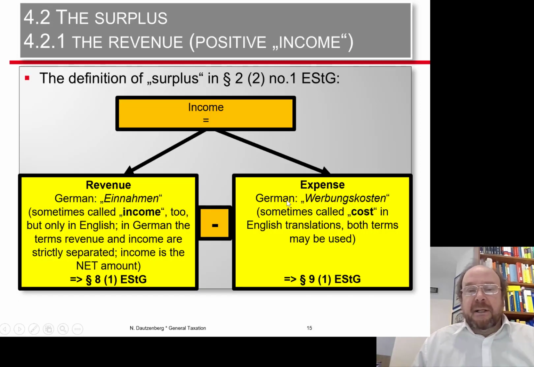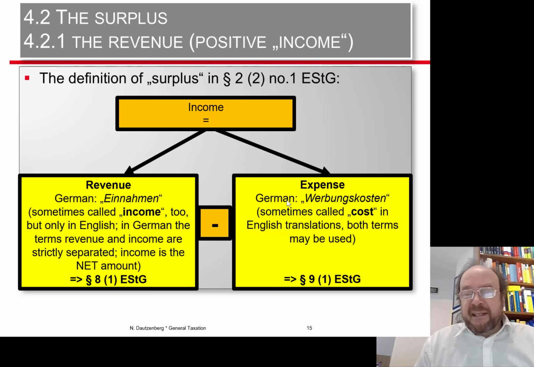Good. Let's repeat again the definition of surplus, which you find in section 2 ESTG, and sorry, here's again the unavoidable typing mistake. Income is the term here for revenue minus expense, or minus, which is better as a translation, income related expense.